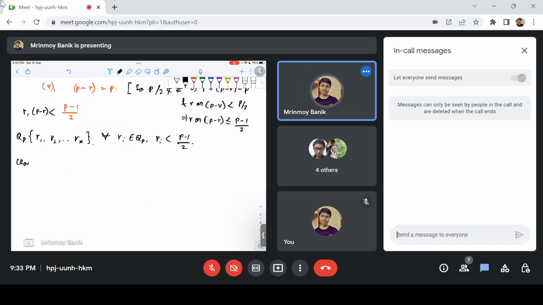Next, claim 2. We want to show 1 squared, 2 squared up to p minus 1 by 2 squared. These are precisely the quadratic residues of p. I mean, whatever number they give as remainder, those numbers are quadratic residues mod p. So how to show that?